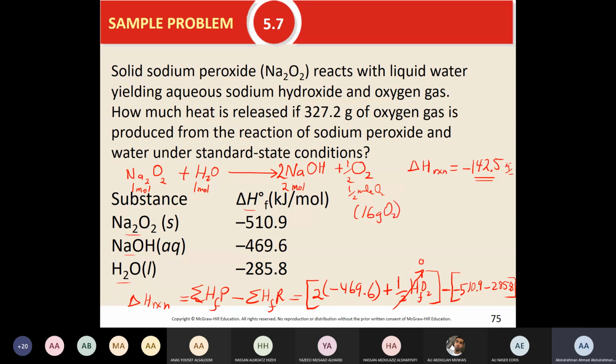16 grams of O2 will give you minus 142.5 kilojoule from the reaction. How about if I have 327.2 gram O2? How much heat will come out?